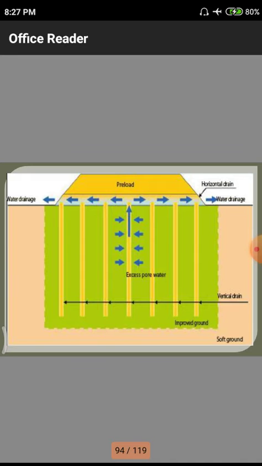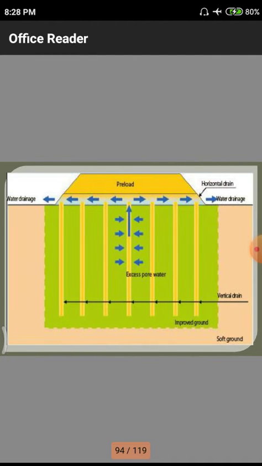Simply, that mechanism is applied in preloading to remove the water present in the soil field, and small drains are constructed, so that the water will be drained off easily.